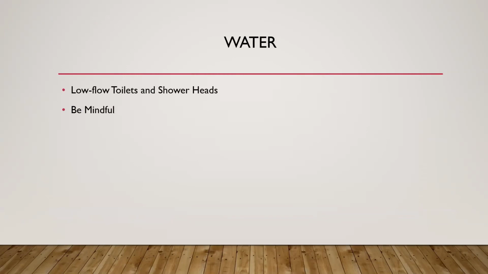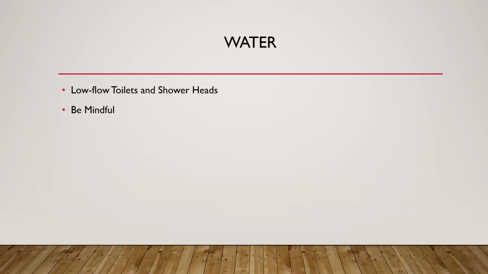Water, this is a little bit simpler. I mean, generally you have one water company. If you're tied into the city. If you have a well, then you still don't want to waste water either way, because it has its own cost involved with it. But we're saying that you're tied into the city. So you've got the low flow toilets, the ones that have the button on the top of them that says full flush or half flush.